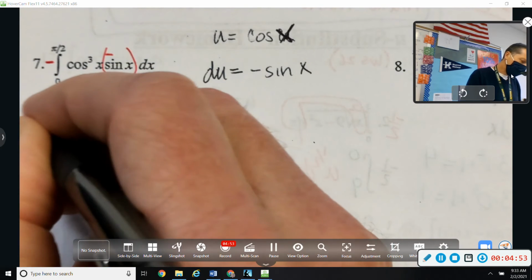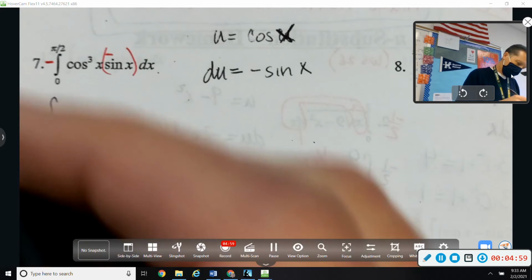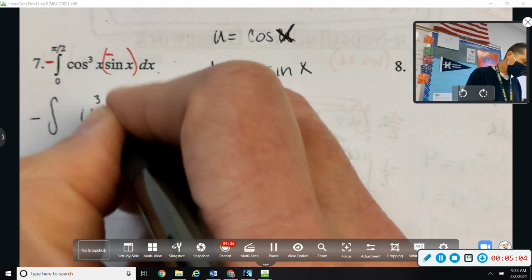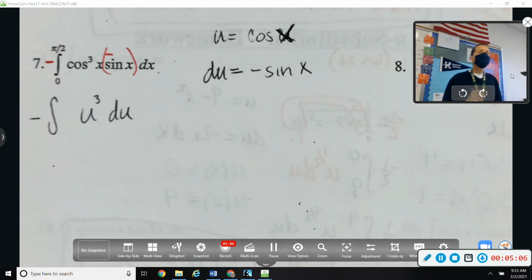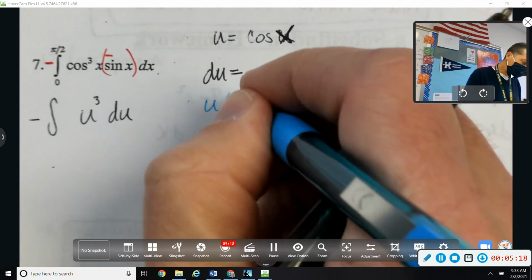So the integral from, I'm not going to put 0 to pi over 2 because I'm in the process of changing from x to u's. So I'm just going to leave it blank for now. u cubed du. That's it. That's a pretty easy antiderivative as far as antiderivatives go. Increase the power by 1, divide by the new power. But that's getting ahead of myself. I want to do the limits.